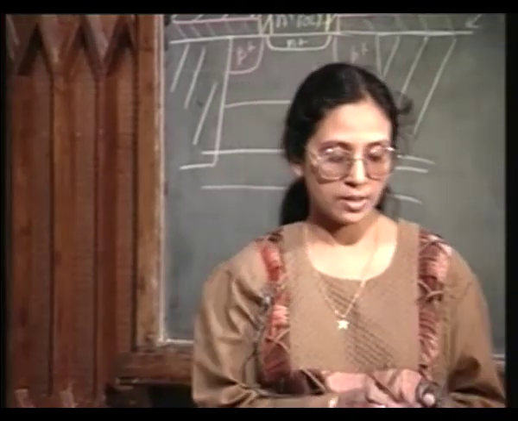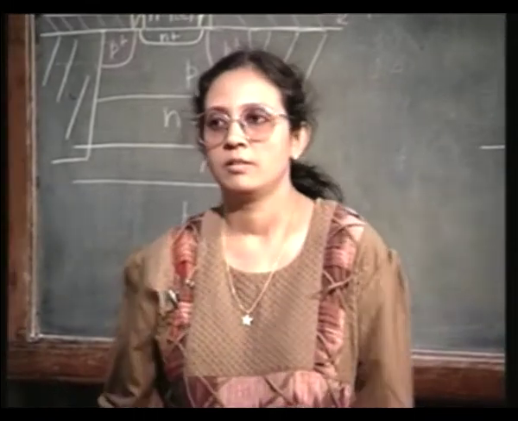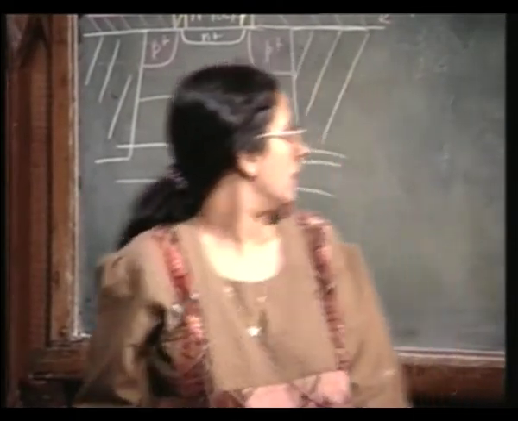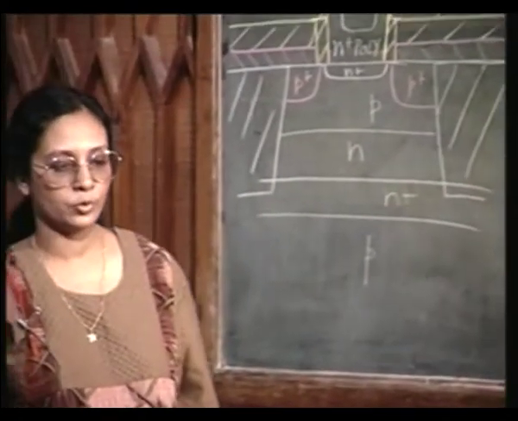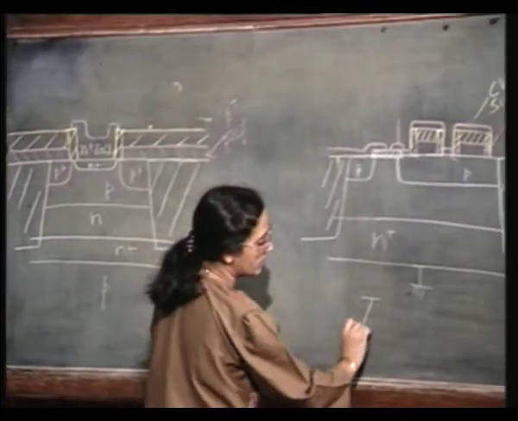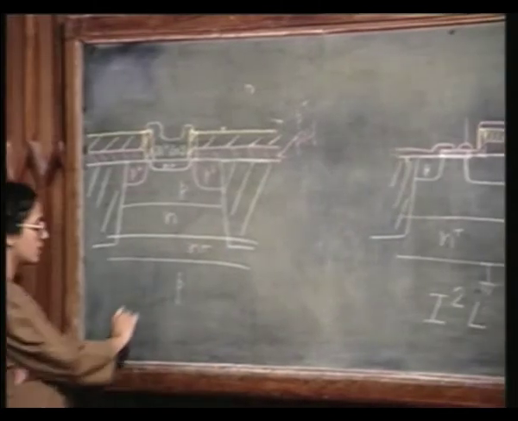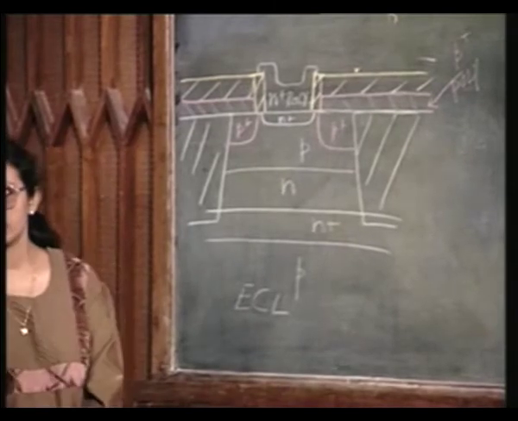Now, the most interesting aspect of this discussion, I have two figures here on the board. One is the self-aligned I square L and the other is a transistor suitable for ECL applications.